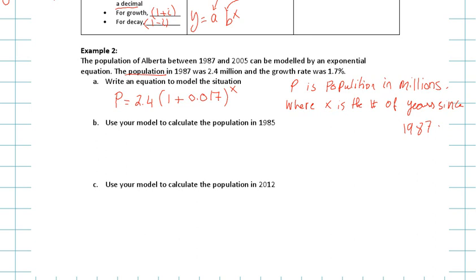So you have to be very specific, especially when you're doing word problems. So I can simplify this and write P equals 2.4(1.017) to the power of X.